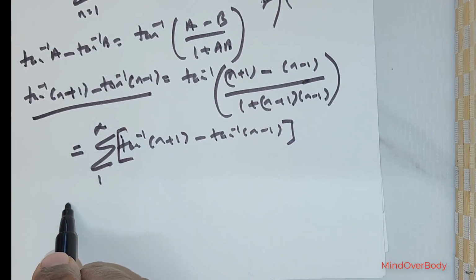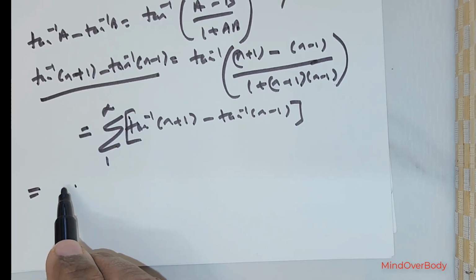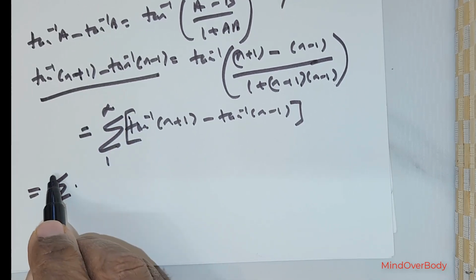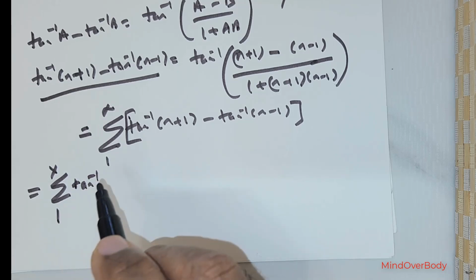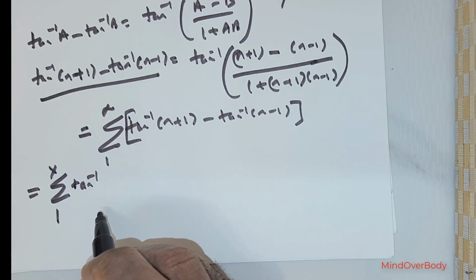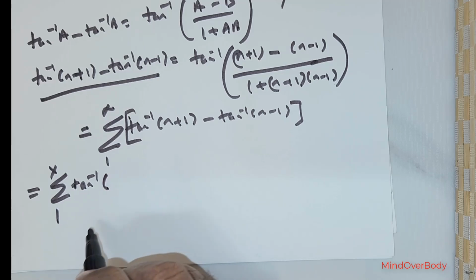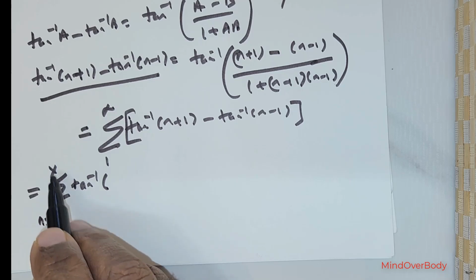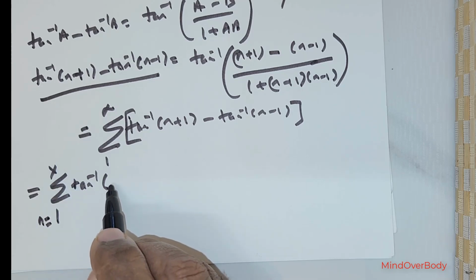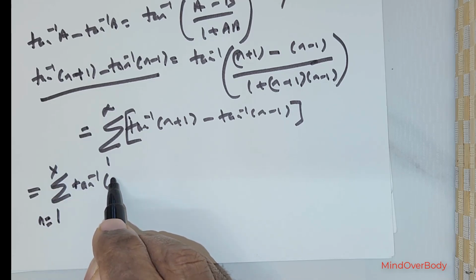Now what I wish to do is rewrite this as sigma 1 to some x of tan inverse of n positive 1 negative of tan inverse of n negative 1, because n is actually running, right, n is equal to 1 to x.